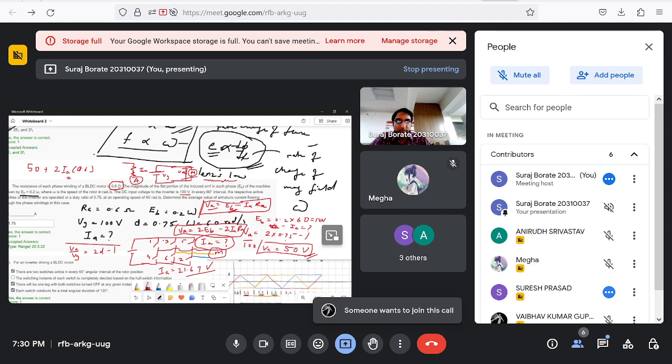You know how to calculate EB, and how to calculate VA. The thing is, in this particular formula, why there is a plus sign over here is not clear. If you use the plus sign, you get the right answer, but logically I feel there should be a minus sign. Anirudh or anyone who has some other insight, please share.